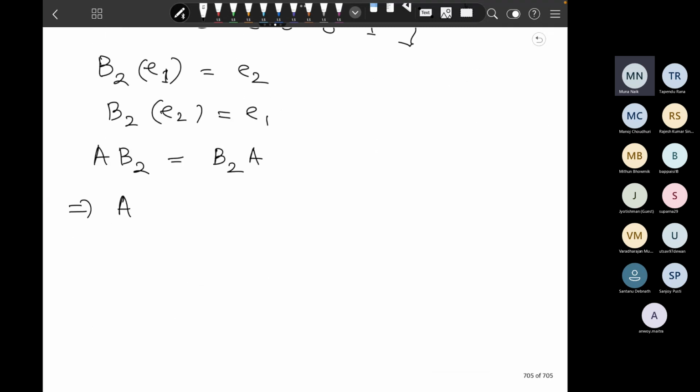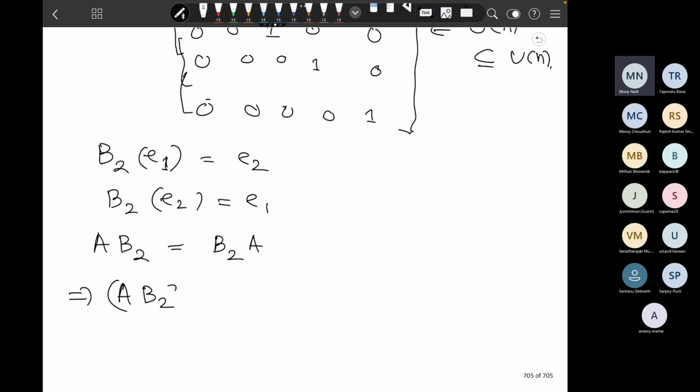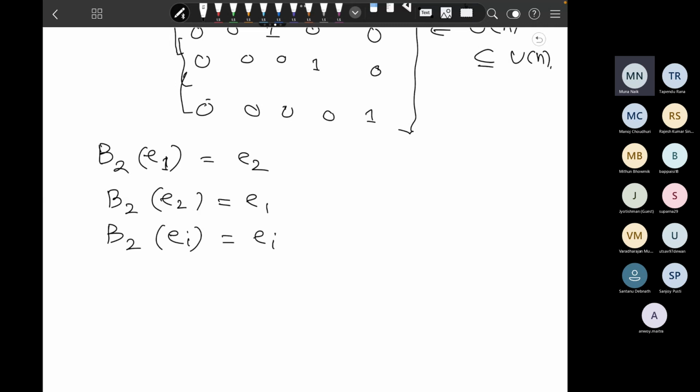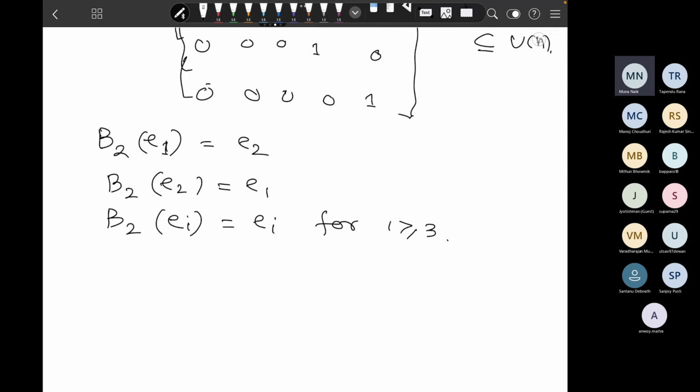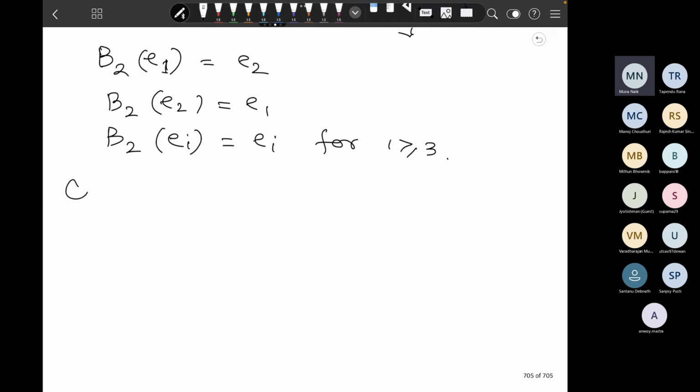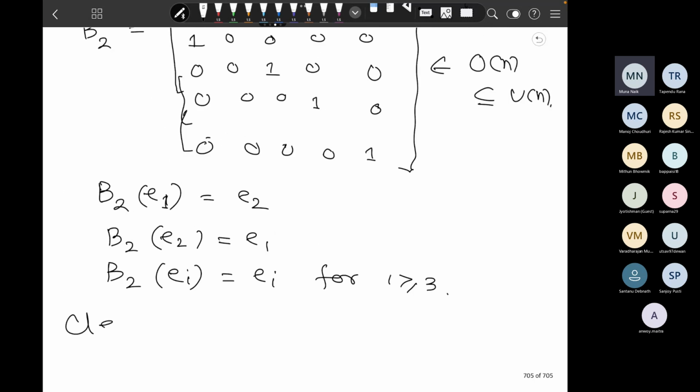So this implies B2 of E2 is equal to E1. Oh, sorry. B2 of Ei is equal to Ei for i greater than or equal to 3. Okay, that is the thing. And clearly B2 belongs to ON and this is a subset of it.